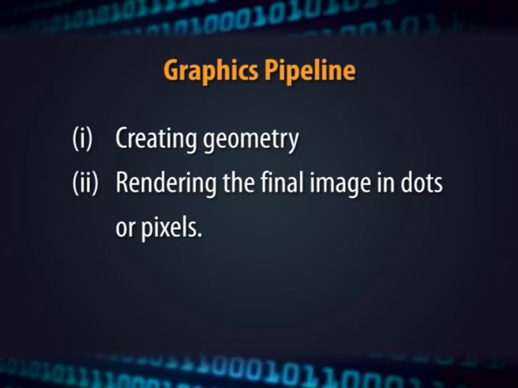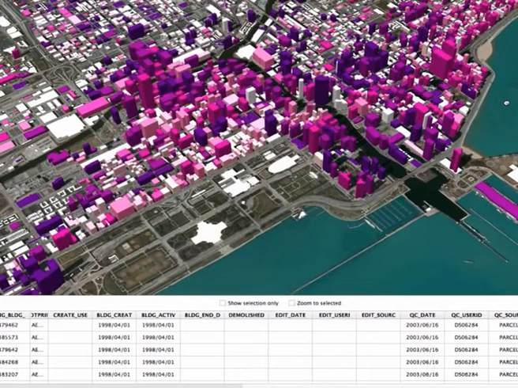A graphics chip performs speeding up through the graphics pipeline in two major stages: 1. Creating geometry, and 2. Rendering the final image in dots or pixels. The tasks earlier performed by the main CPU are now done by the geometry stage, and it handles all polygon activity and converts the 3D spatial data into pixels.